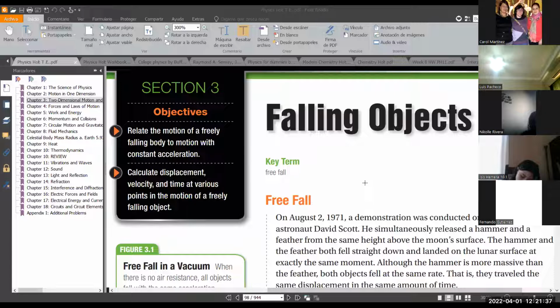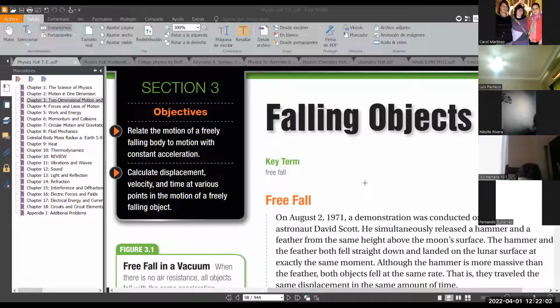Gravity is an acceleration that all of us are affected by. That's why we are able to walk on the ground. For example, on the moon, there is a different value for gravity. The acceleration of gravity is different on the moon.